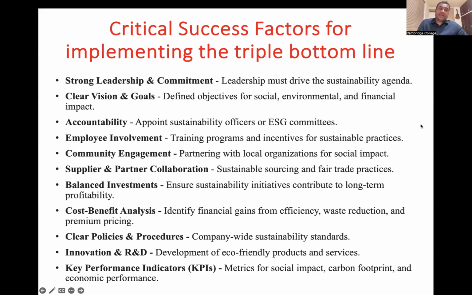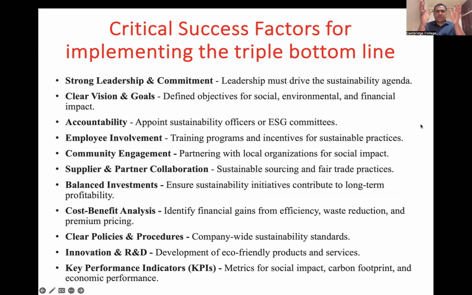So what are the critical success factors for implementing the triple bottom line? In other words, what are the factors that are critical to succeed in delivering the triple bottom line? So you need strong leadership and commitment, obviously. Leadership must drive the sustainability agenda.